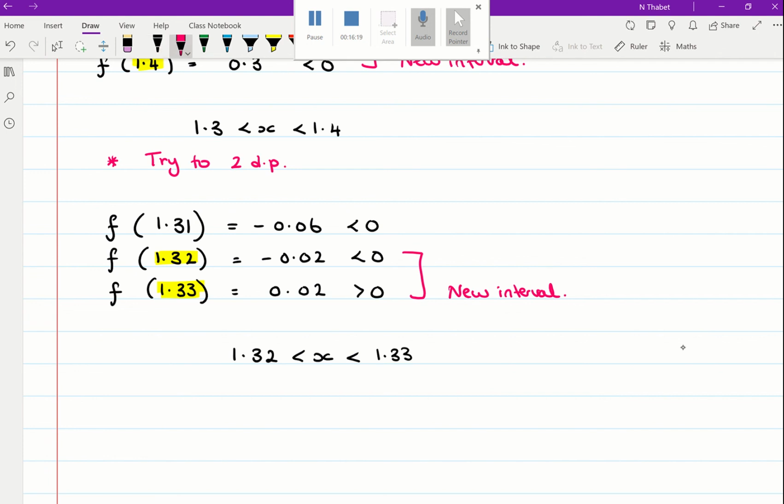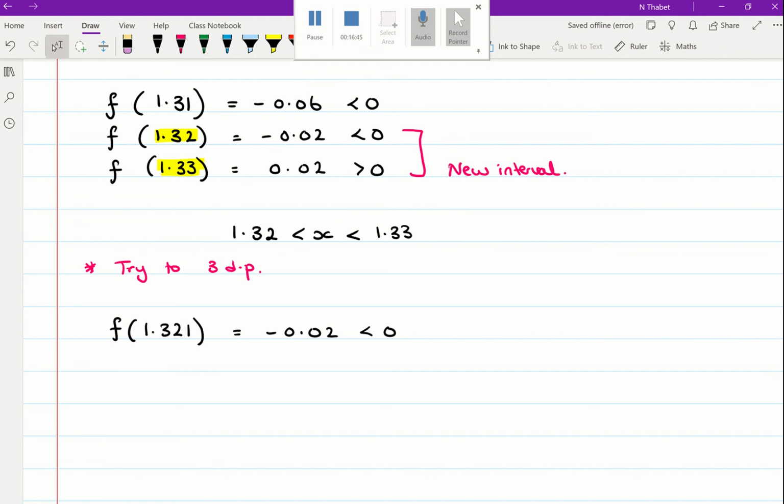So I'm now going to try numbers to 3 decimal places. The first number bigger than 1.32 is 1.321. I substitute that into the equation and I get negative 0.02, which is smaller than 0. The next number is 1.322, and that's also a negative number.